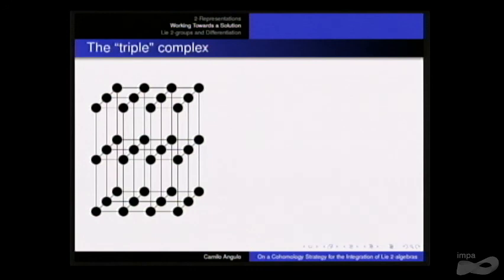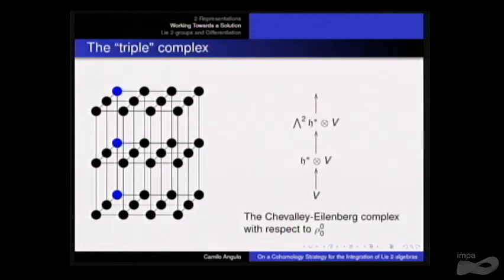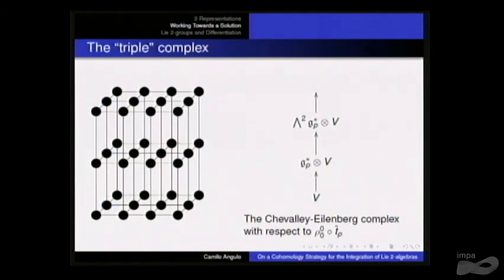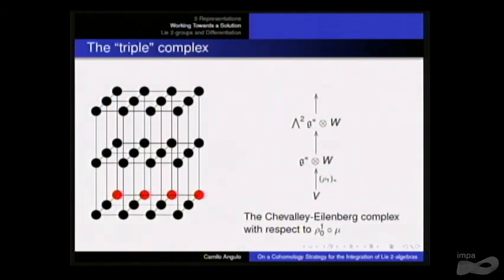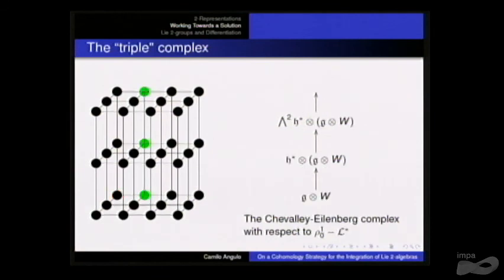And the pieces of it are a bunch of Chevalley-Eilenberg complexes, which involve, well, all of the Lie algebras that are appearing, right, with the respective representations, and then combinations which involve the action by derivations that the crossed module came with.